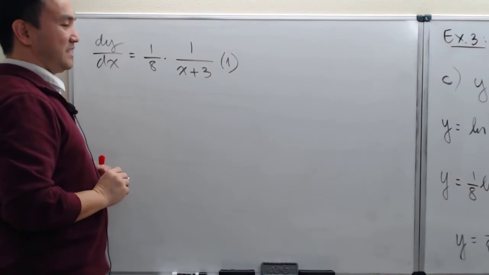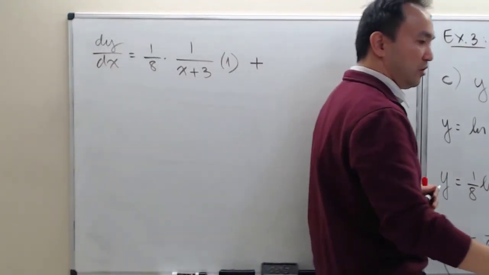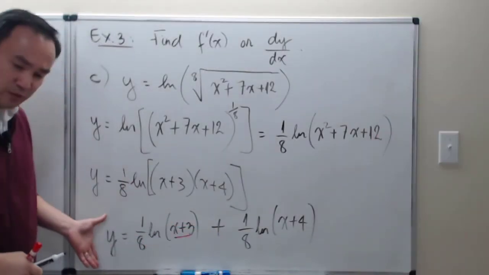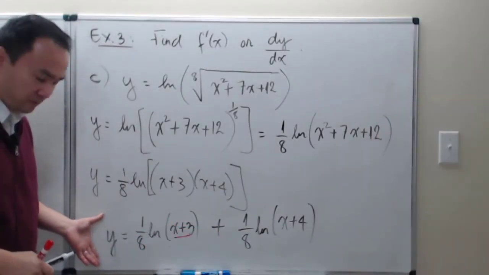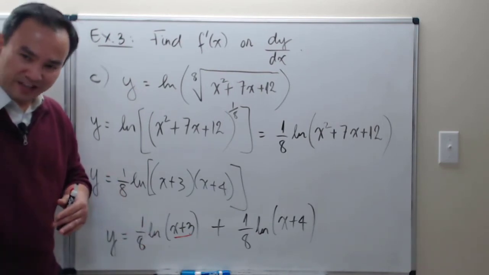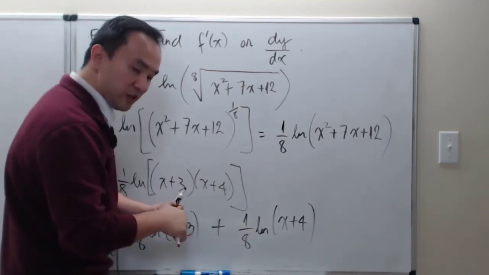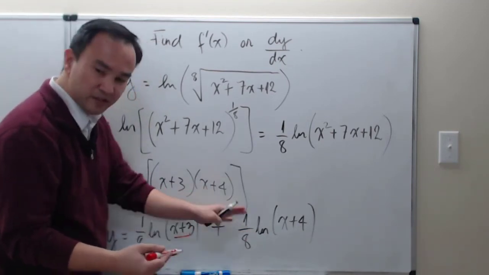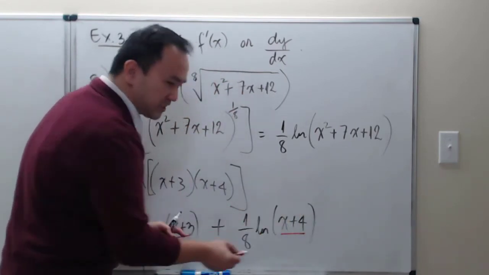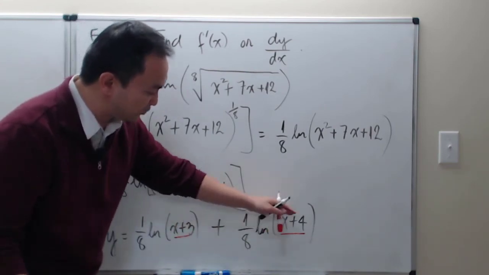All right, and now I am going to add. Let's one more time look back at the expression we had in the beginning. This is your original function. Because derivatives allow us to take derivative term by term, this is the inside of our next term here: 1/8 times the natural log of x plus 4.